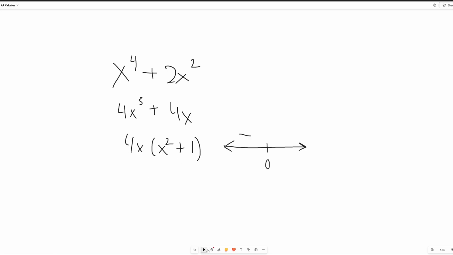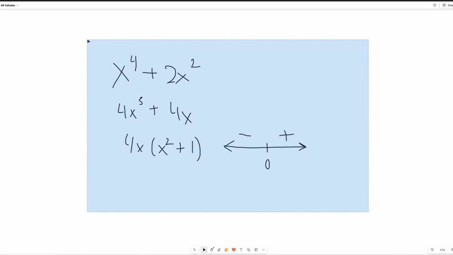And then if you try a positive number, 1, 1 squared plus 1 is 2. So 4 times 2 is 8. And that's going to be positive. So this would be our sign chart for this function.